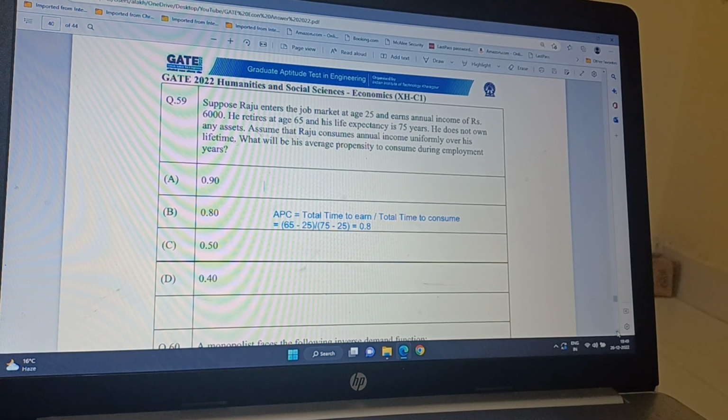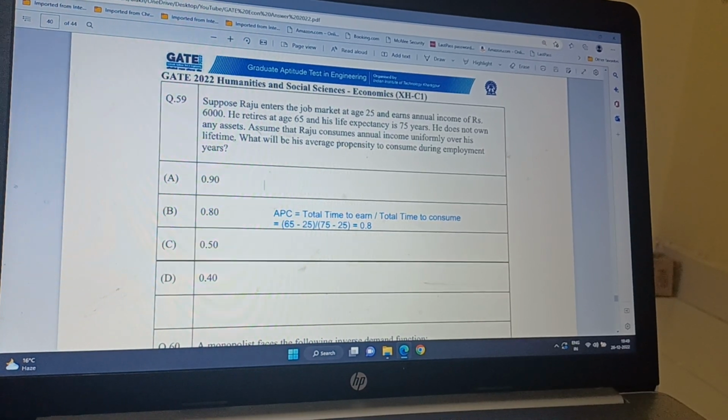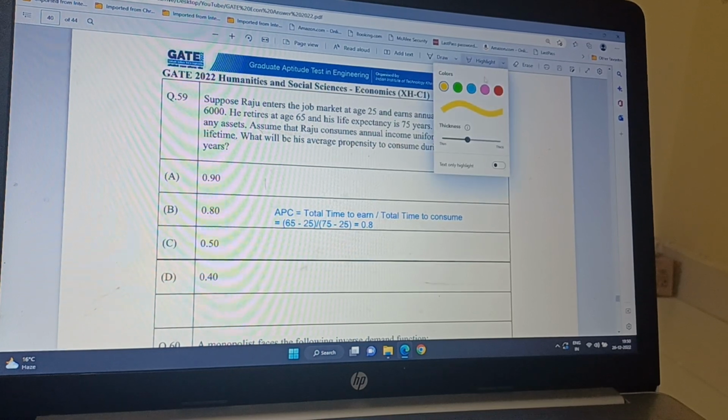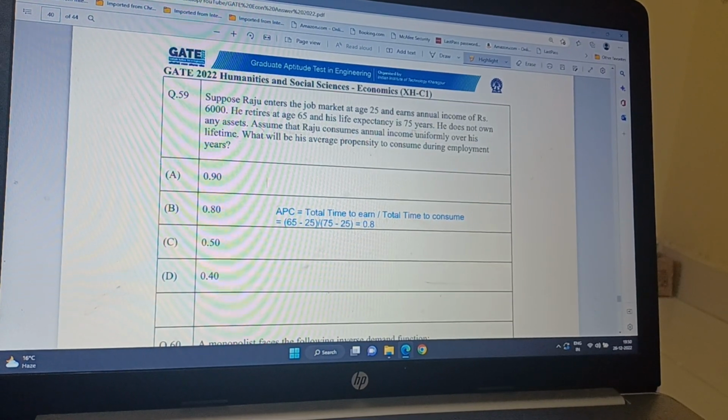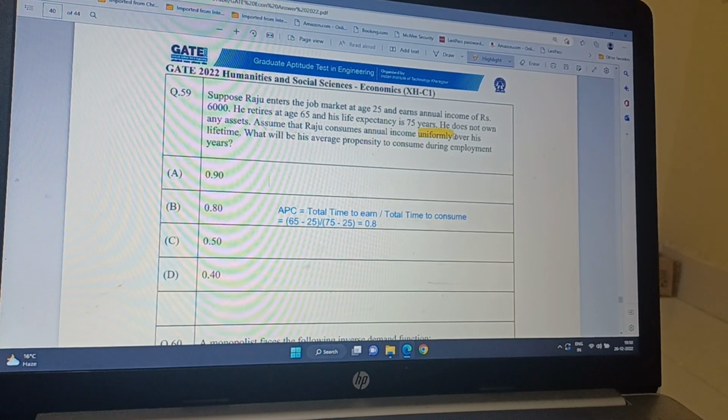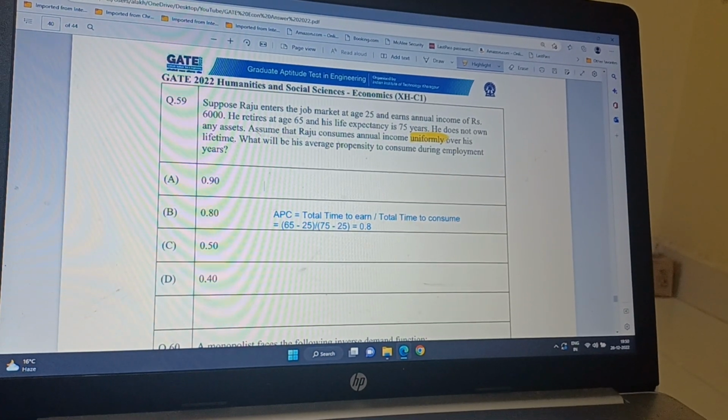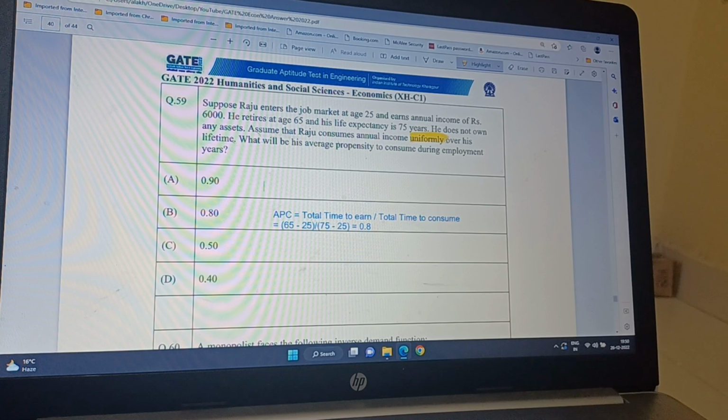He doesn't own any assets. Assume that Raju consumes annual income uniformly over his lifetime. Here the word uniformly is important. He consumes uniformly, so it means his average propensity to consume is constant. What will be his average propensity to consume during employment years?